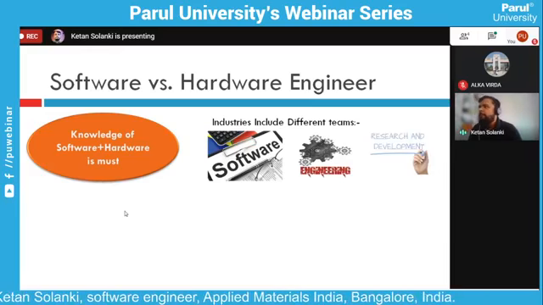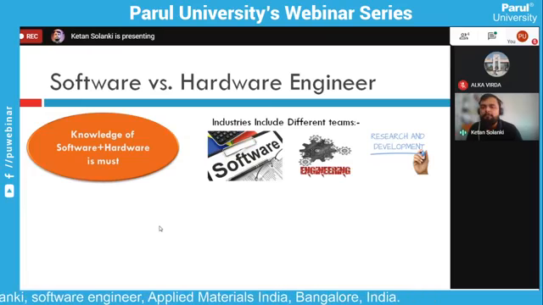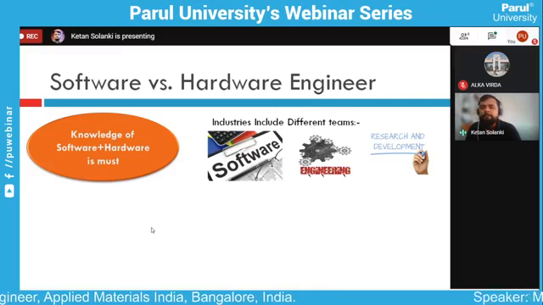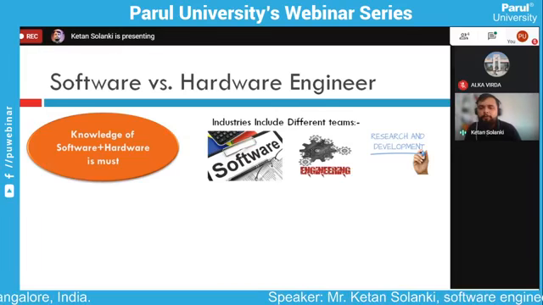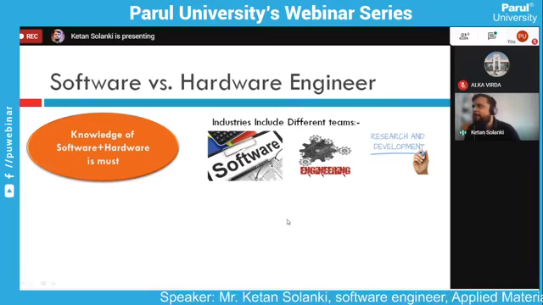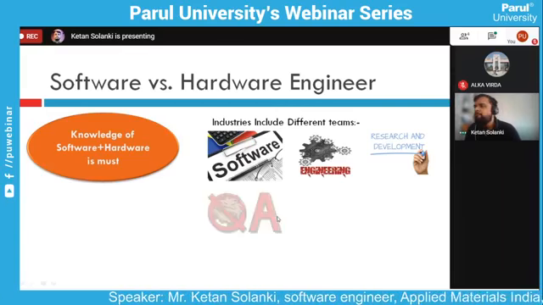Then the industry will have a research and development department, which specially focuses on research as well as development of new products or new features on the software or hardware side. If they are product based, then R&D will be a main part of the industry.